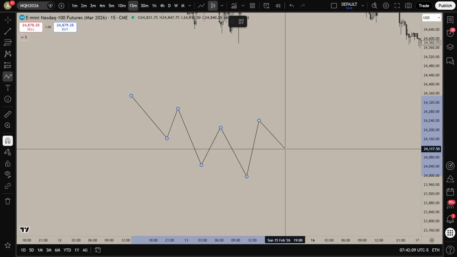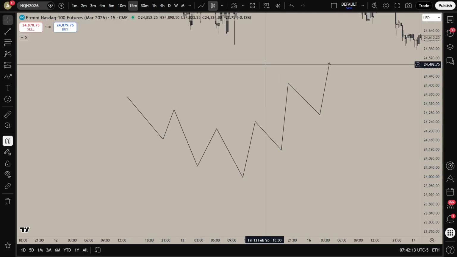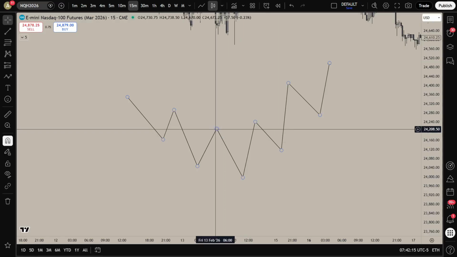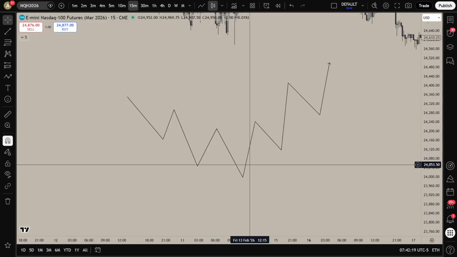The market will keep on moving from ERL to IRL to ERL to IRL as long as the market structure is intact, right?